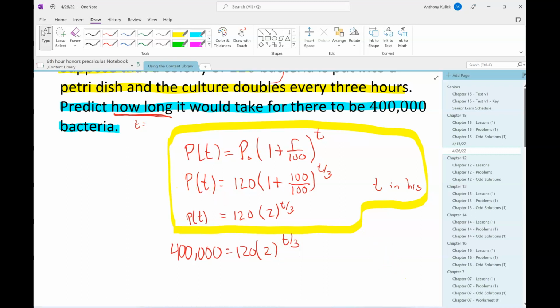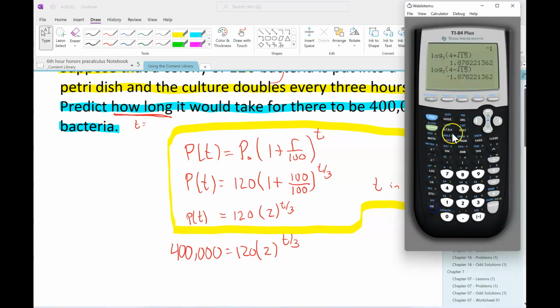So to solve this, we're going to go to the calculator. The left-hand side is one of my equations, and the right-hand side will be my other equation.